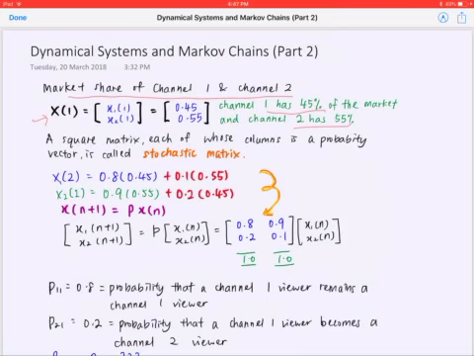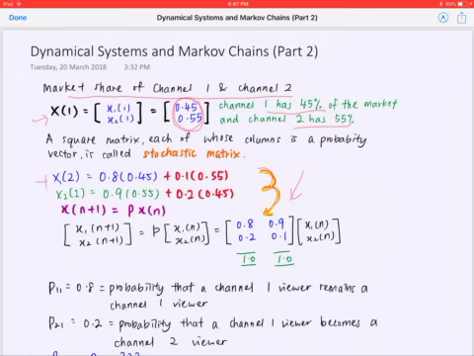So this square matrix where the sum of the columns is a probability vector is called a stochastic matrix. This should be the probability vector, and when you put them into a matrix form, this will be known as the stochastic matrix.